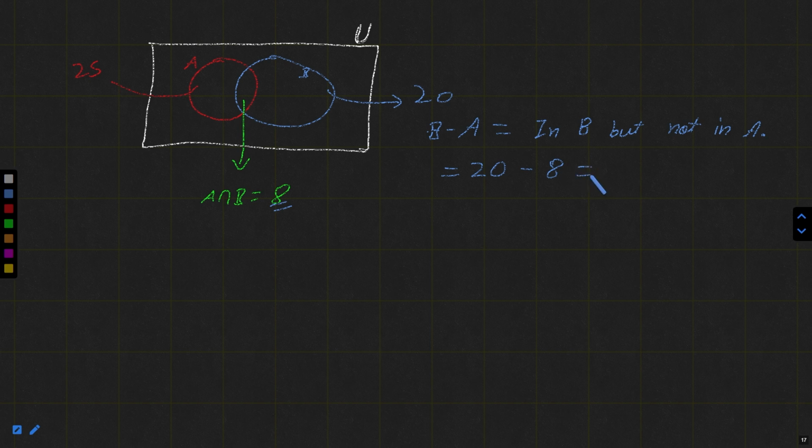Then we are left with the elements in B but not in A, which is 12. Similarly, elements in A but not in B will be 25 minus 8, which is 17.